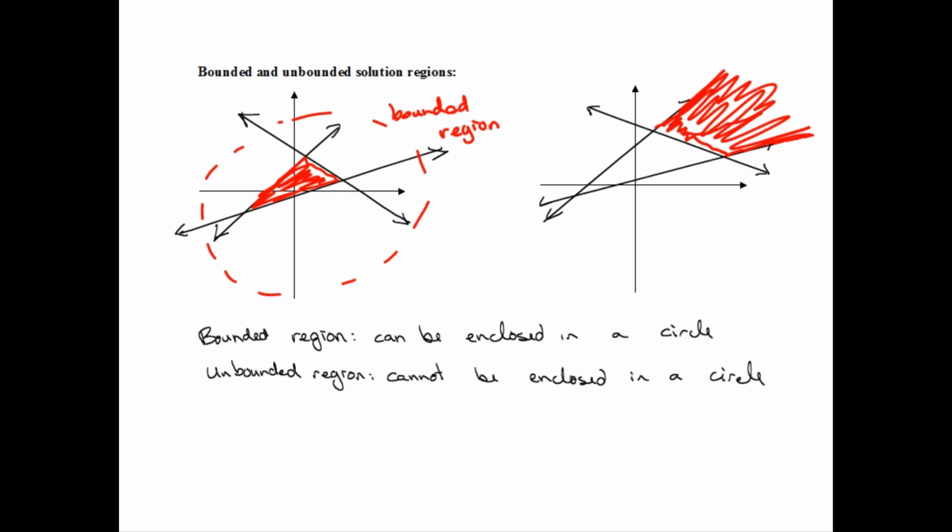Of course those lines keep going infinitely far, and if we don't have any more boundaries, so will our solution region. We cannot enclose this in a circle because it's going to extend infinitely far in that direction. So this is an unbounded region.